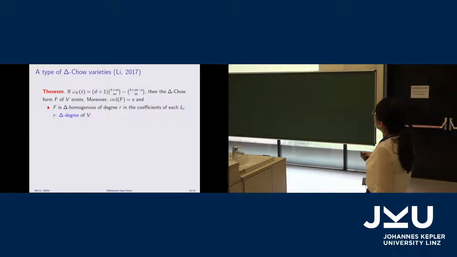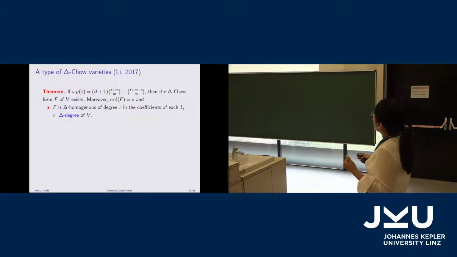If the partial differential variety has the quotient polynomial in this form for some d and s, then the partial differential Chow form exists. And if it exists, the order of the partial differential Chow form is equal to this number.